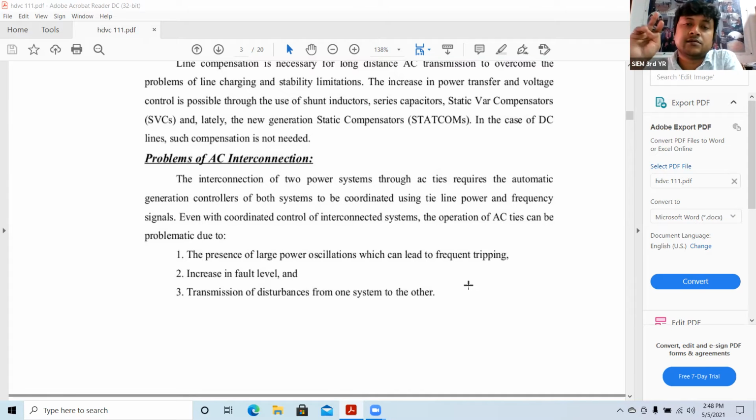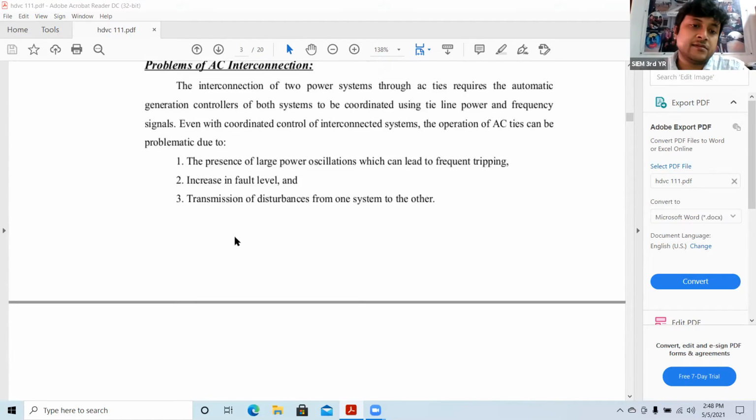So there is a system change. This thing we also did in the transformer. When one particular winding is damaged, then the power is transferred in a reduced state by using two converters. That is the problem in AC.